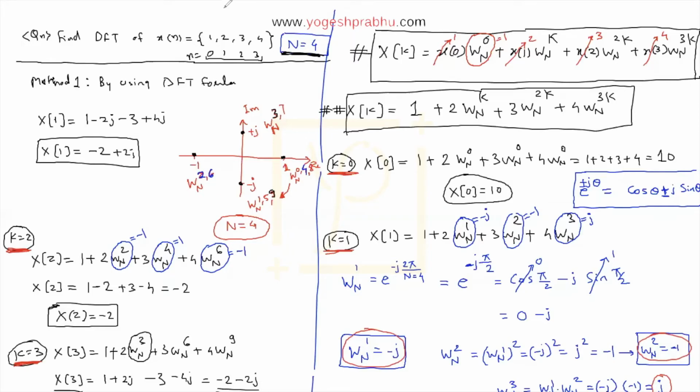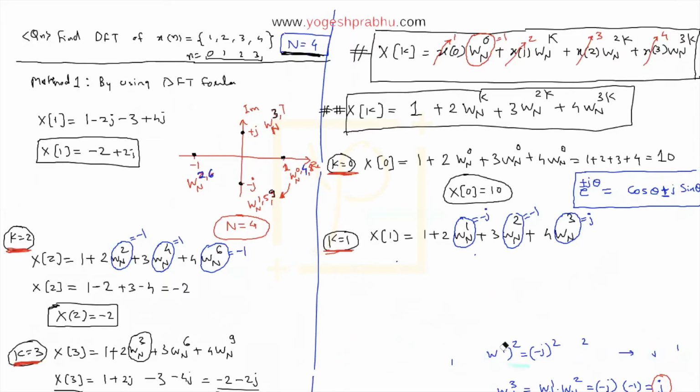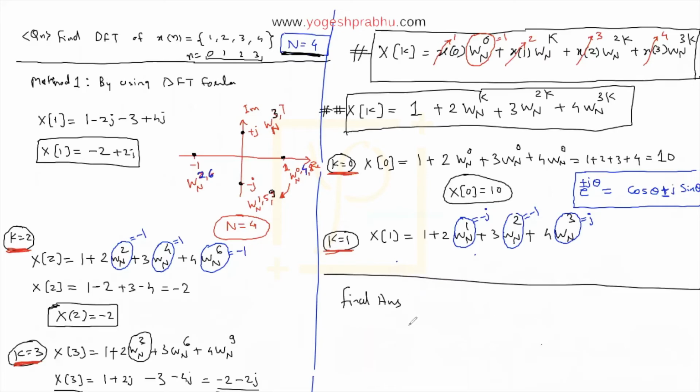Now finally, we will write down this answer properly. I will have to make some space again. Let me clear some space here. So the final answer, which is x of k, the DFT of x of n that we have obtained by using the formula: the first value we got was 10.